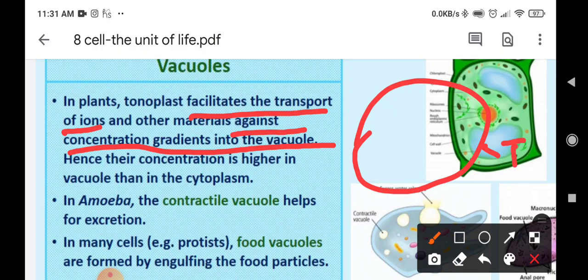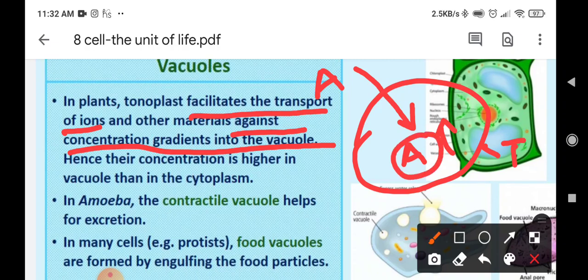It already contains a molecule in high concentration, but still more transport of this molecule or ion is taking place from outside, from the cytoplasm to the vacuole.